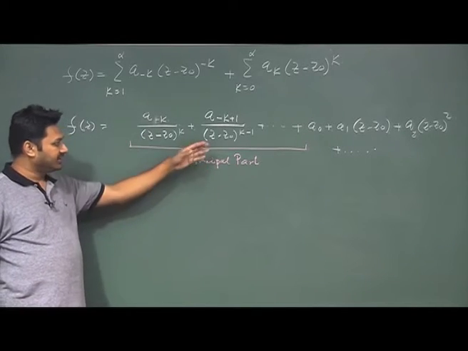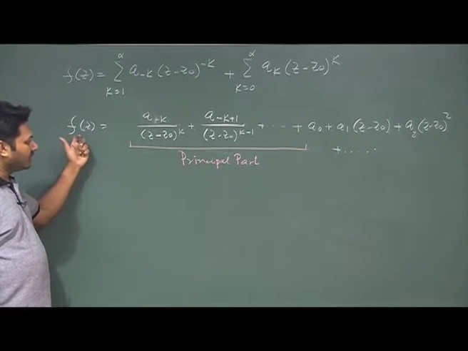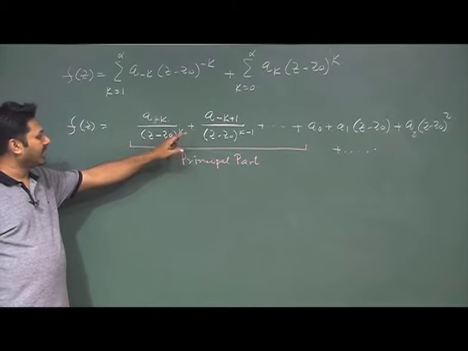So if we have these, then we have some kind of singularity of this function, and the order of the singularity is k.